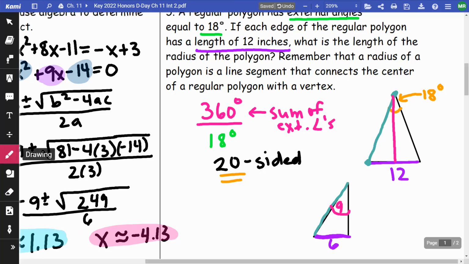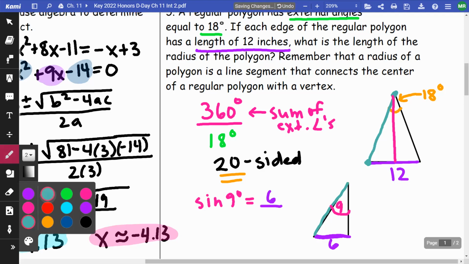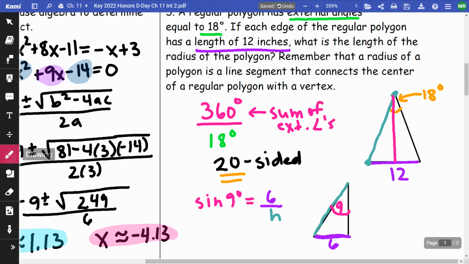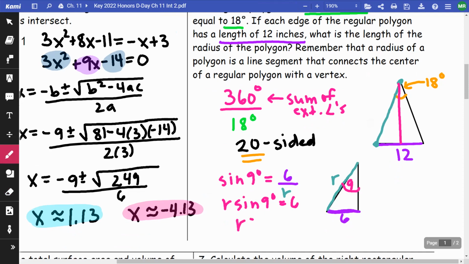So sine of 9 degrees is equal to opposite, which is 6, over hypotenuse. I'm going to call that R, because it's supposed to be the radius. So R sine of 9 degrees is equal to 6, and R is equal to 6 divided by sine of 9 degrees.